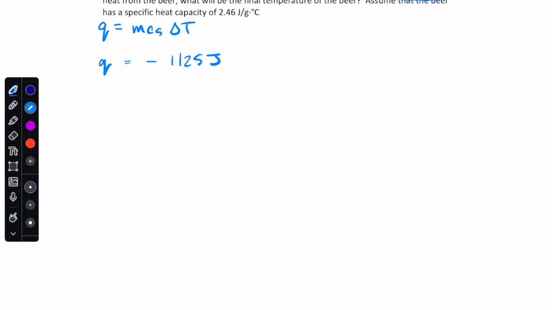So the cold pack is gaining that many joules of heat, but the beer itself is losing. So Q of the beer will be negative because it's releasing heat to the cold pack. So what will its delta T be? Our delta T of the beer is going to be Q over MCS.